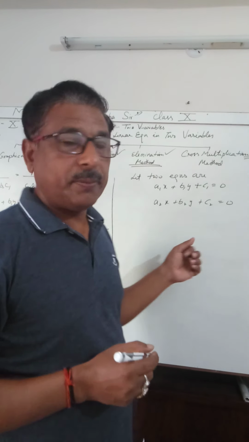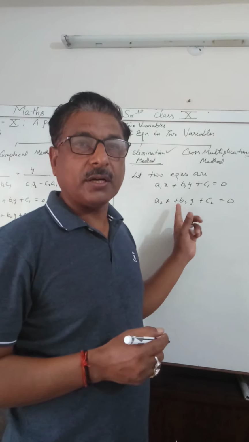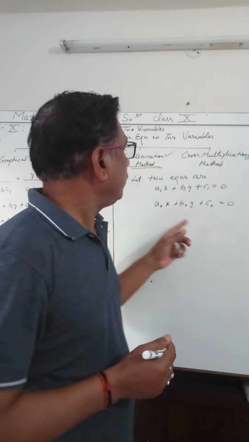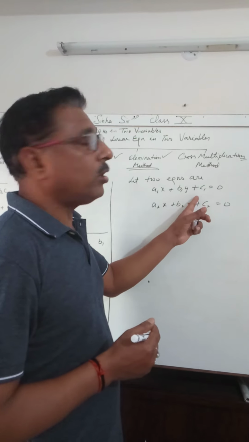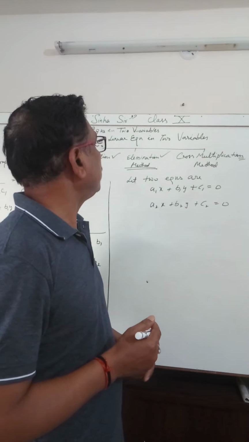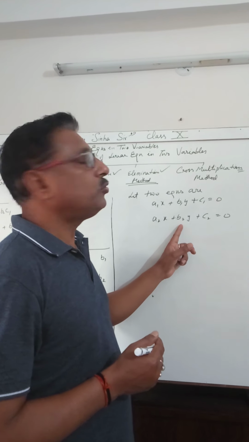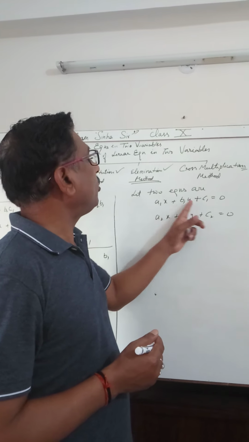In the elimination method, unless the coefficients are the same, we cannot eliminate the terms. So to find the value of x, you either eliminate x or you eliminate y.